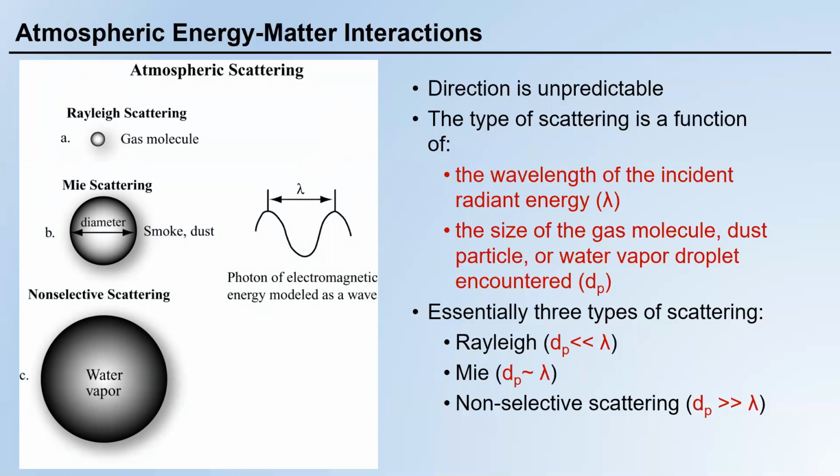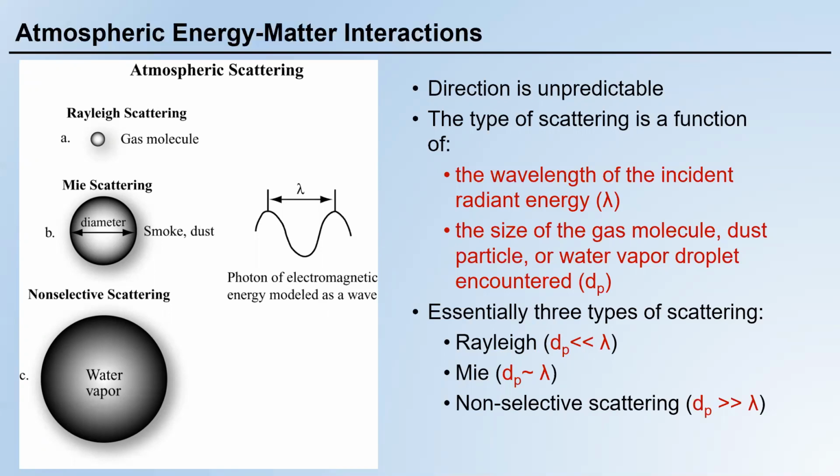There are different types of scattering, and the type is decided by the wavelength of the incident radiant energy, or you can say the wavelength of EMR, lambda, and also the size of the gas molecule, dust particle, or water vapor droplet, dP. When EMR encounters them, there is scattering.